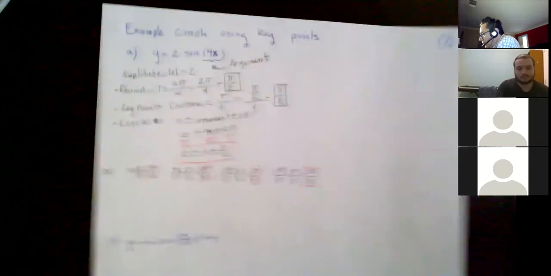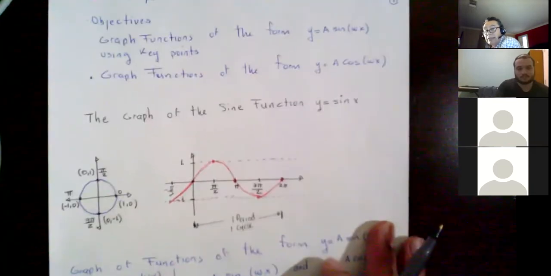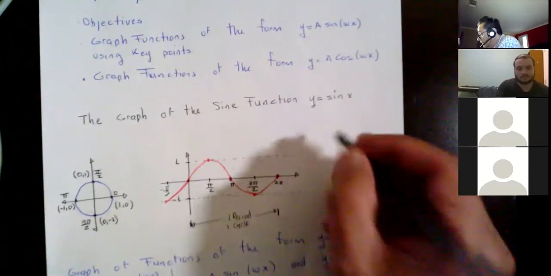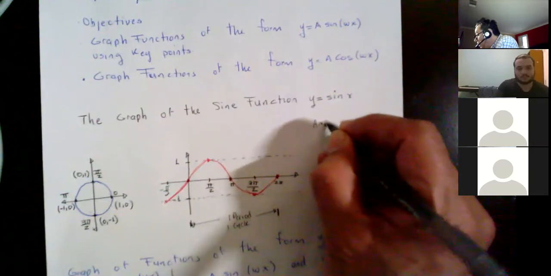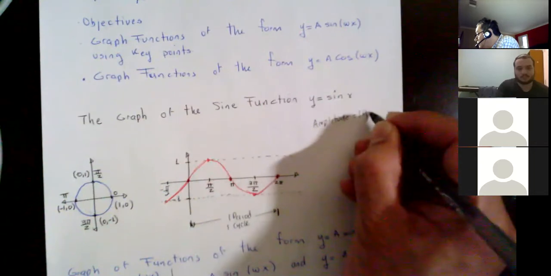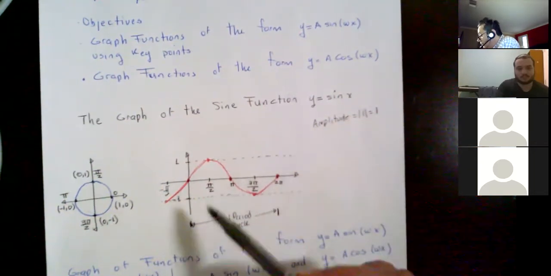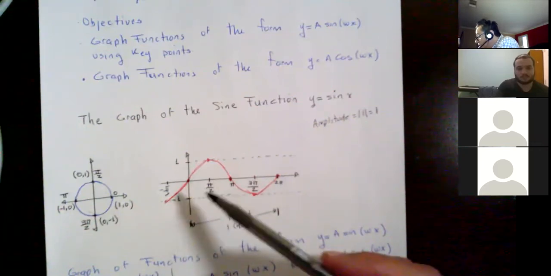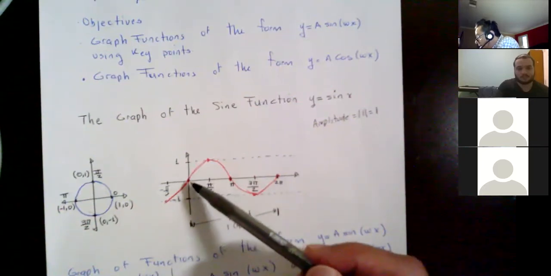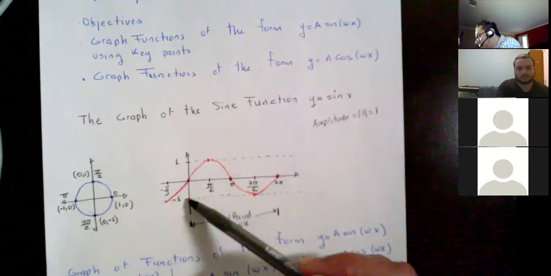So let me go back to this basic function again to understand the amplitude. So here, for this sine wave, the amplitude is the absolute value of 1, which is 1. So this amplitude means that I'm gonna go from 0, I'm gonna go 1 up and 1 down.